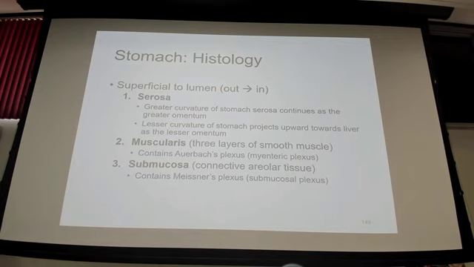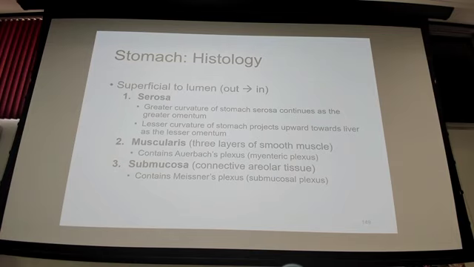Now we have histology becoming more important in the stomach because now we're starting digestion and the production of digestive products in earnest. We are secreting stuff that we need in order to digest food versus just mucus or just saliva. So these are the same layers, serosa.